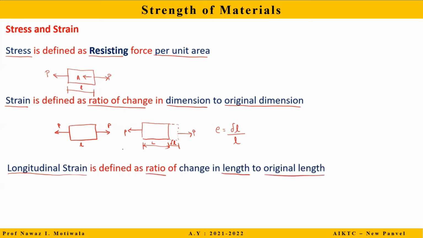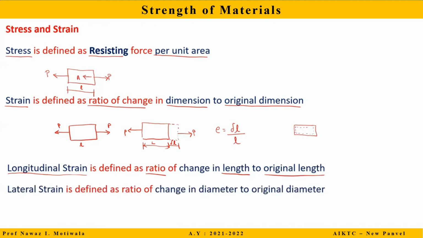On similar lines, as this length is increasing, what happens to the diameter? The diameter will start reducing. The ratio of change in dimension to the original dimension in the lateral direction is known as the lateral strain.